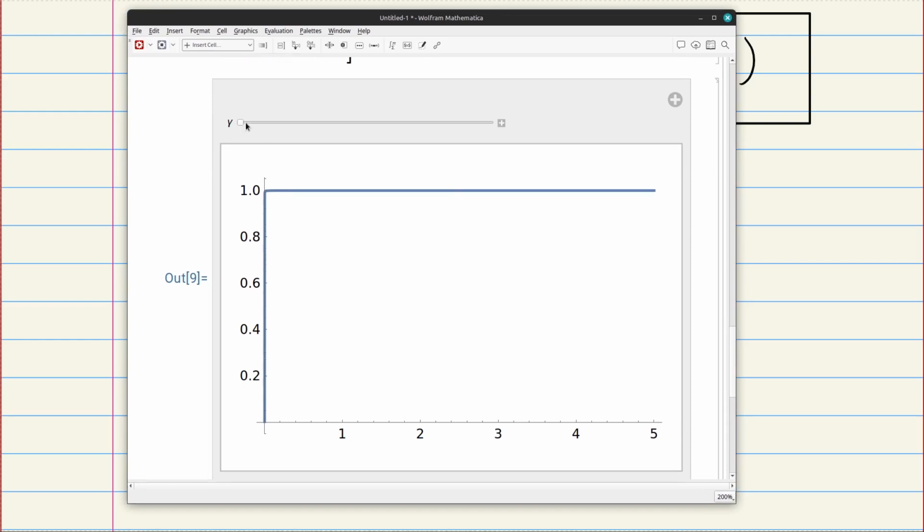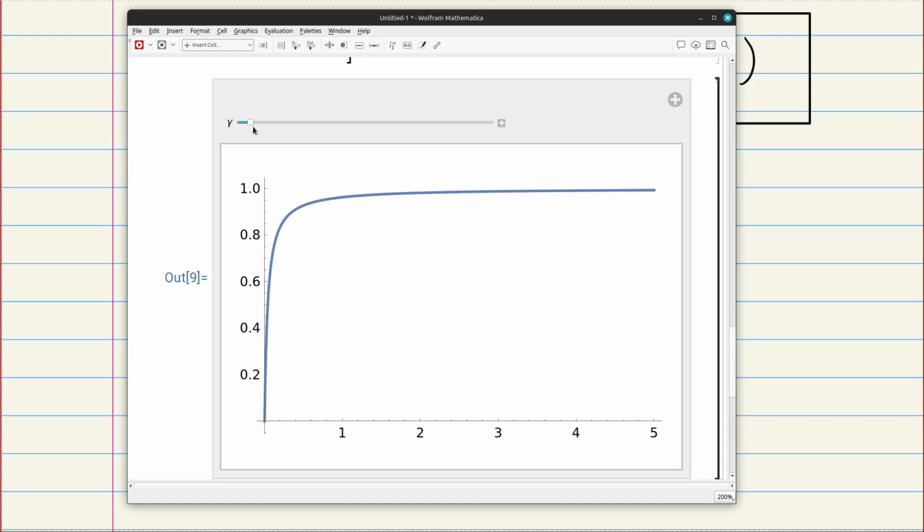So now there is no barrier. You can see everything is transmitted. And now I increase the barrier. You can see the transmission is like here, something less than 1. This side is energy, this side is transmission coefficient, and transmission coefficient can be 1 at largest.